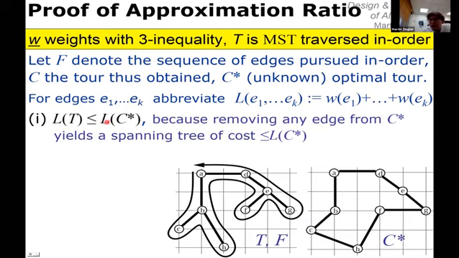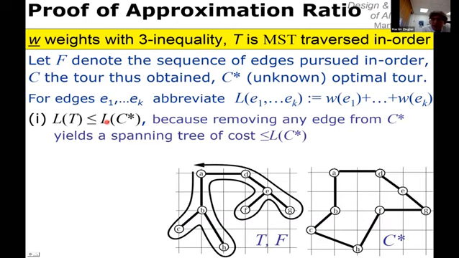That's our first inequality, and it is true because remember, a minimum spanning tree by its very definition is a spanning tree, so it's a tree and it connects all vertices, and it's minimal, meaning that among all possible trees that connect all vertices, this is one of minimal cost.